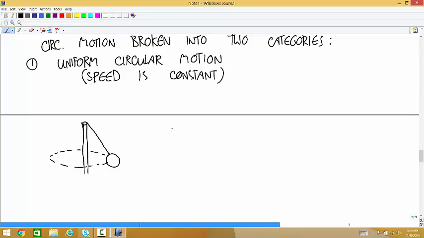So the total acceleration is equal to the centripetal acceleration plus this tangential acceleration, which is 0 because it's not speeding up or slowing down.